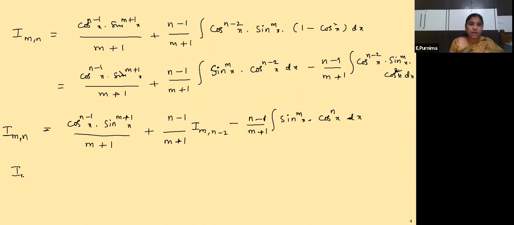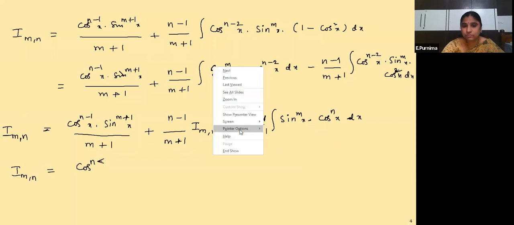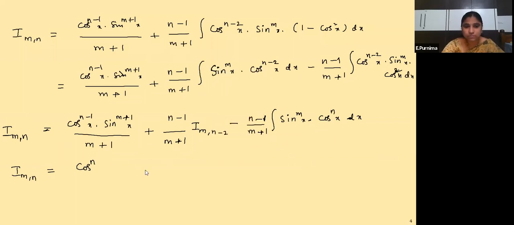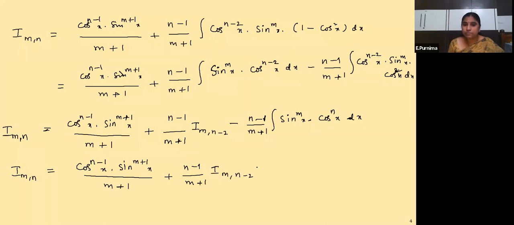So here it is I_{m,n}. Okay. So I_{m,n} is equal to, again same step, cos^(n-1)x · sin^(m+1)x/(m+1) plus (n-1)/(m+1) into I_{m,n-2} minus (n-1)/(m+1) into, it is nothing but our I_{m,n}.